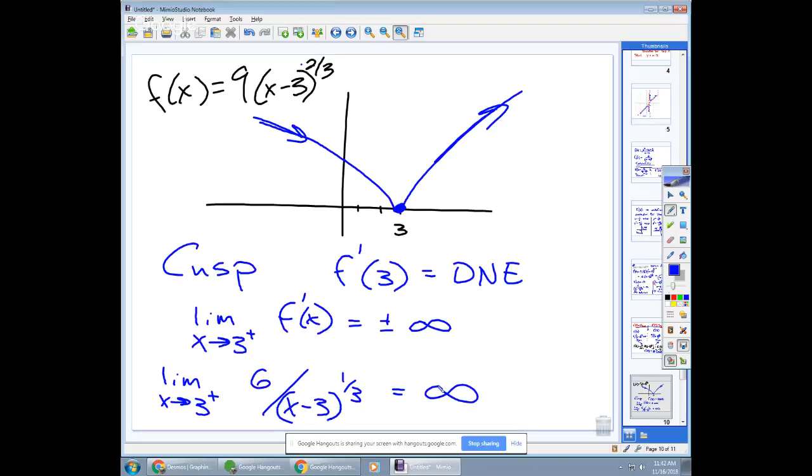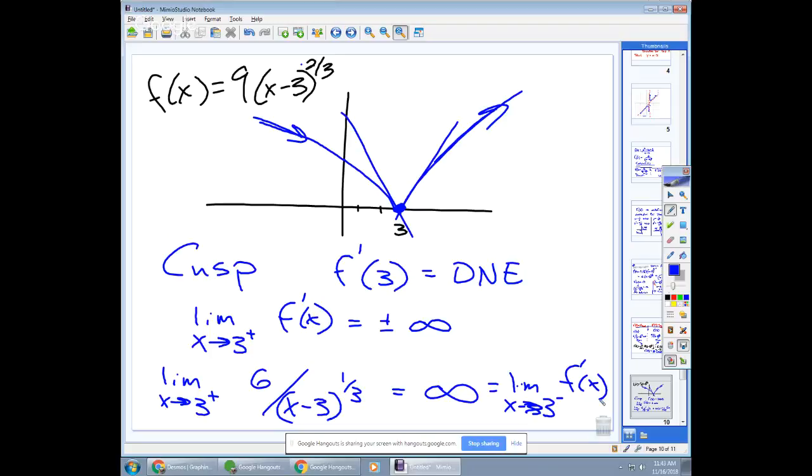So the tangent lines are getting infinitely steep there. The tangent lines on the other side are also positive because of the concavity, and it's increasing over there. So on the other side, I'm going to get the same thing. So this is going to be equal to the limit as x goes to 3 on the left side of our derivative. I get the same thing, and that's what defines the cusp. A cusp is a pointy thing on the function.